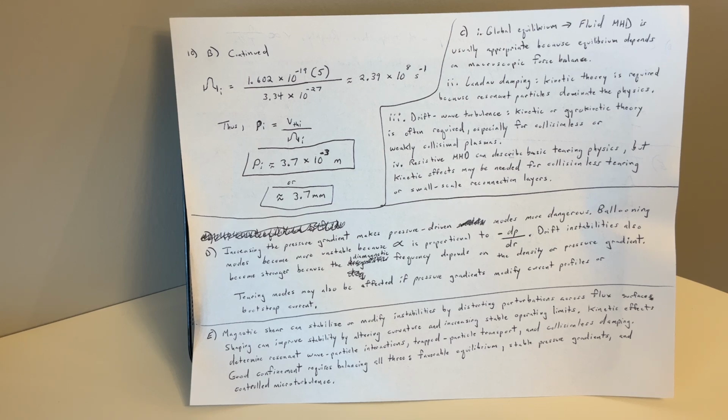Shaping can improve stability by altering curvature and increasing stable operating limits. Kinetic effects determine resonant wave-particle interactions, trapped particle transport, and collisionless damping. Good confinement requires balancing all three: favorable equilibrium, stable pressure gradients, and controlled microturbulence. And that's all for part 2, and that's the full practice exam.